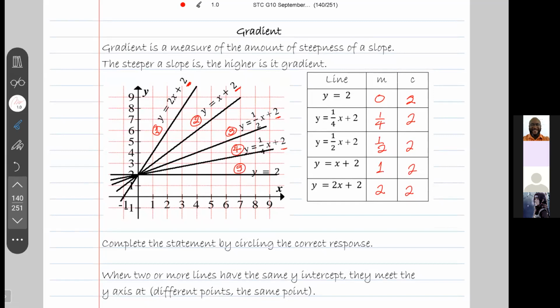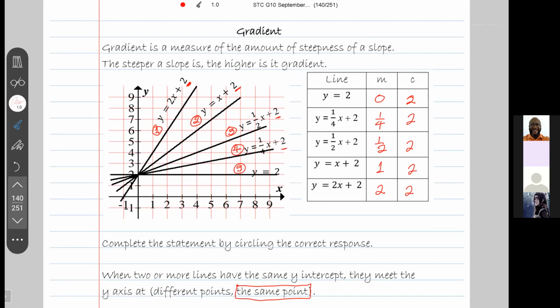Guys, when 2 or more lines have the same y-intercept, they meet the y-axis at anybody? All right, Jaden says at the same point. So all of these lines meet the y-axis at 2.